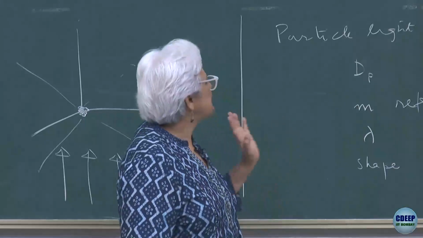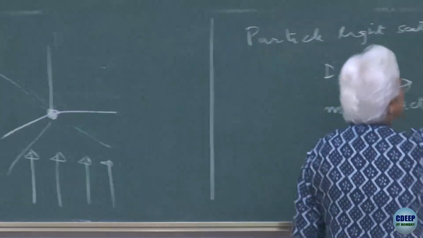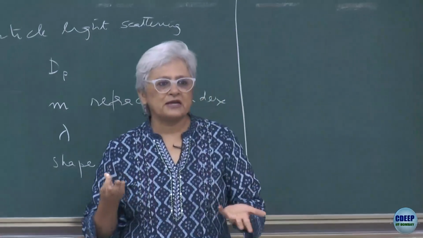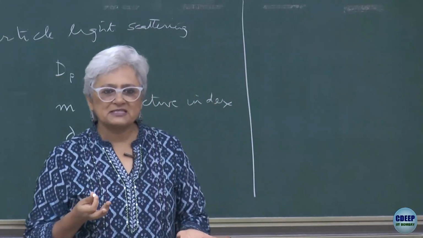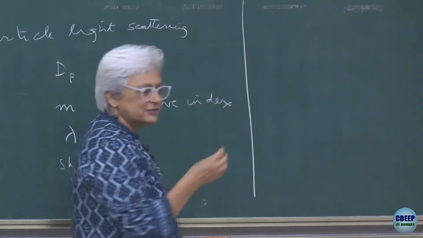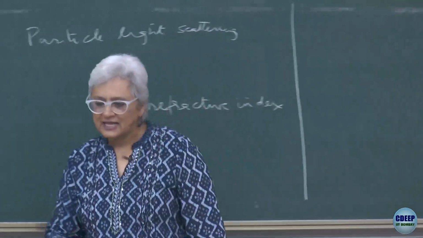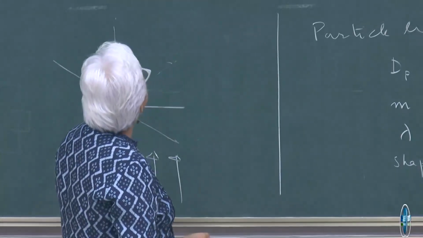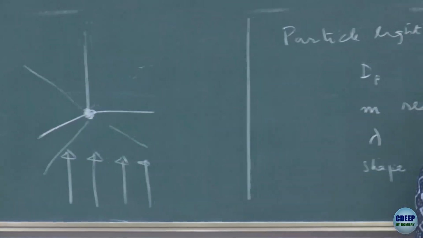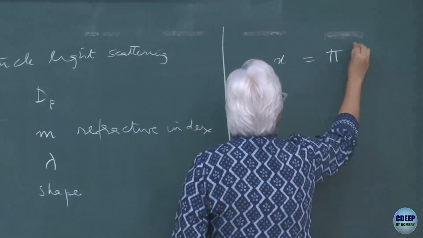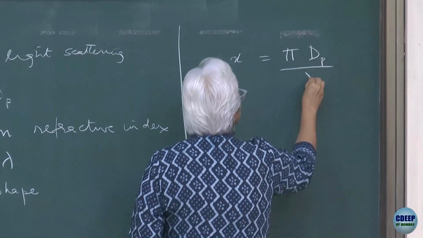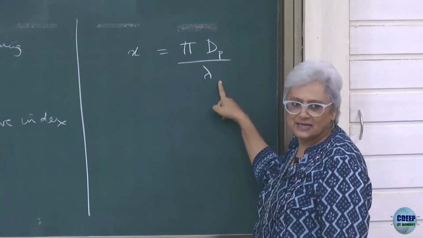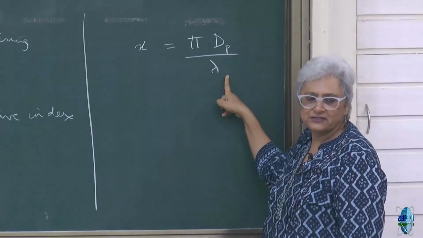So, let us maybe stop with the first concept that we have here, that we want to have some kind of a size parameter, which then allows us to look at different regimes, and we can go ahead and put that up on the slide as well. But really we have a size parameter, which is pi dp by lambda, where dp is the particle diameter and lambda is the wavelength of the radiation.